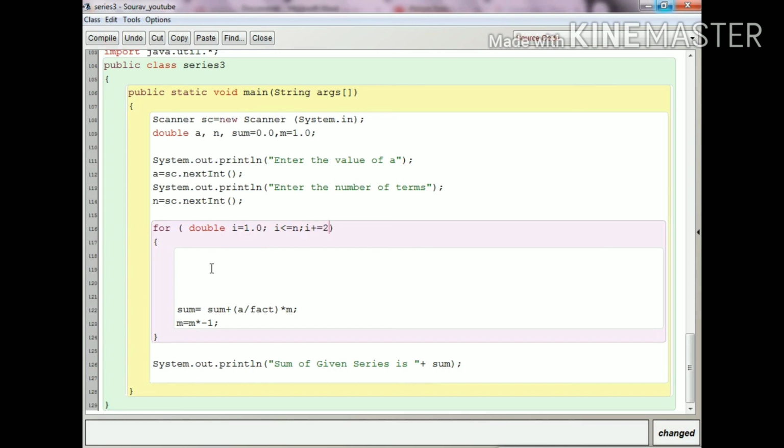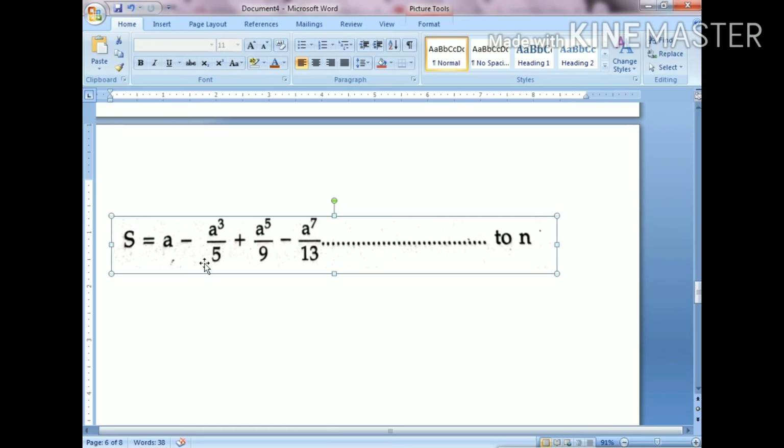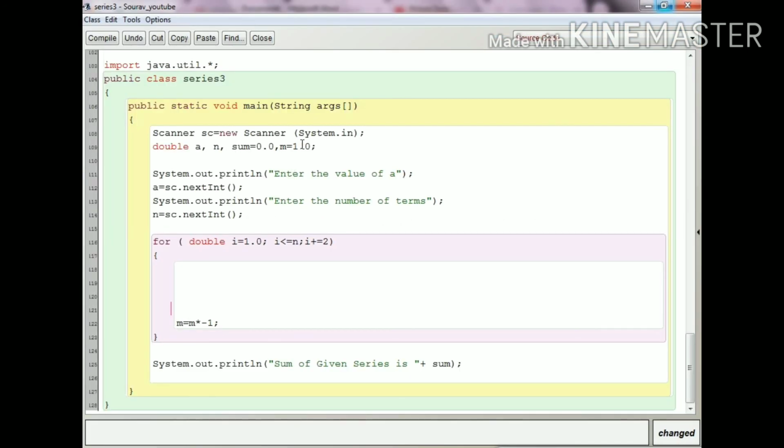Okay, so now after this I need a variable p equals 1 and p plus equals 4 because p holds the denominator value. So I use here comma p equals 1.